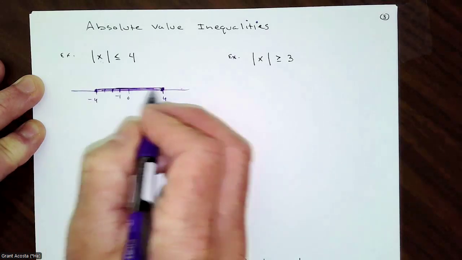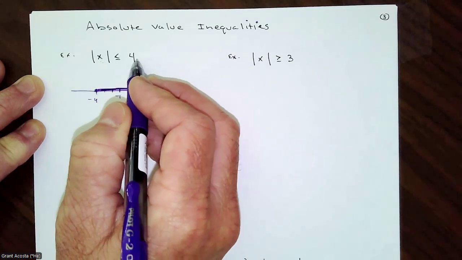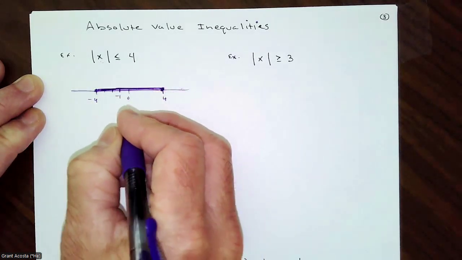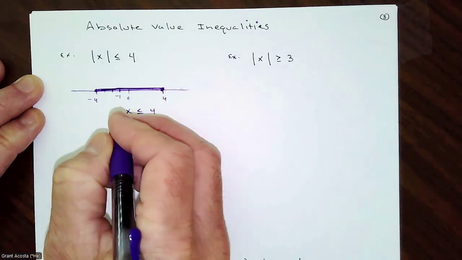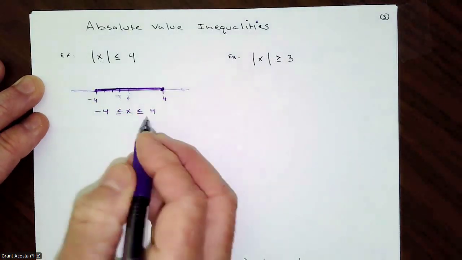So what I learned from this is if the absolute value of x is less than or equal to 4, it means x itself is between negative 4 and 4, which I can put in interval notation.